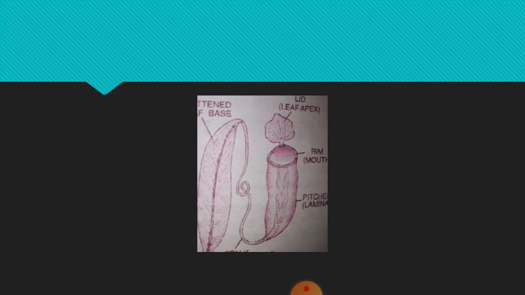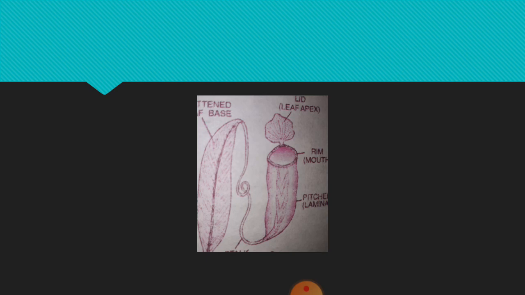The leaves also help in climbing. For this, leaves, leaflets, or petioles can be converted into tendrils for climbing.